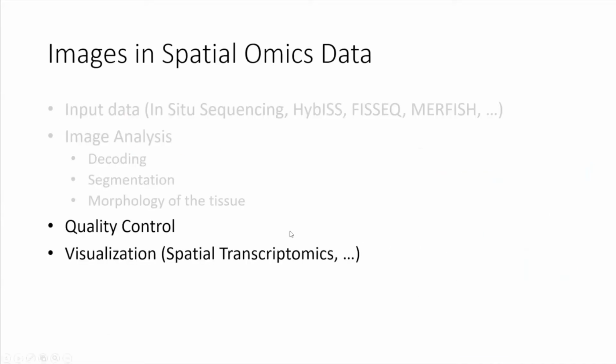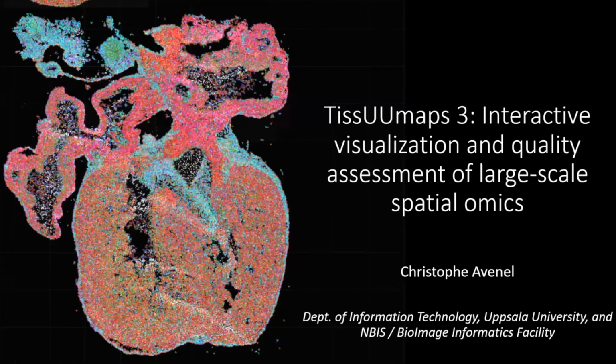So yes, now I will focus a bit more on the quality control and visualization of our images and of our annotations. And for that, I wanted to introduce a tool that we developed internally in collaboration with the Solorzano lab in a project that is called TissUUmaps.